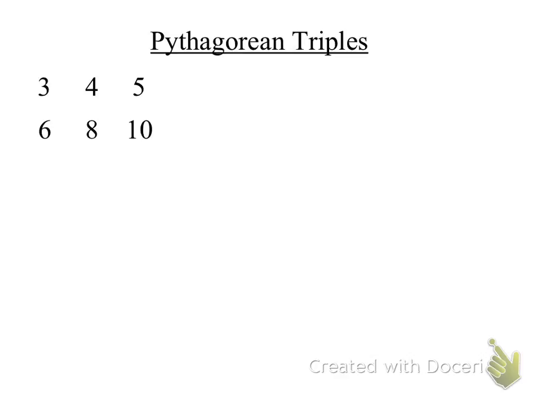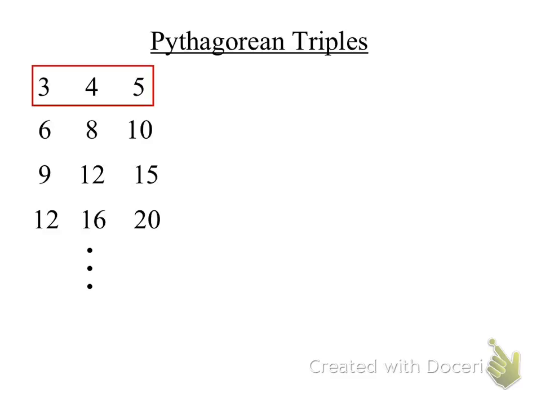If I multiply 3, 4, 5 by 3, that too is a right triangle. If I multiply it by 4, by 5, by 6, do you understand? So 3, 4, 5 is my first triple. We can go on and on. Another Pythagorean triple is 5, 12, 13. And you'll see these going around all the time.